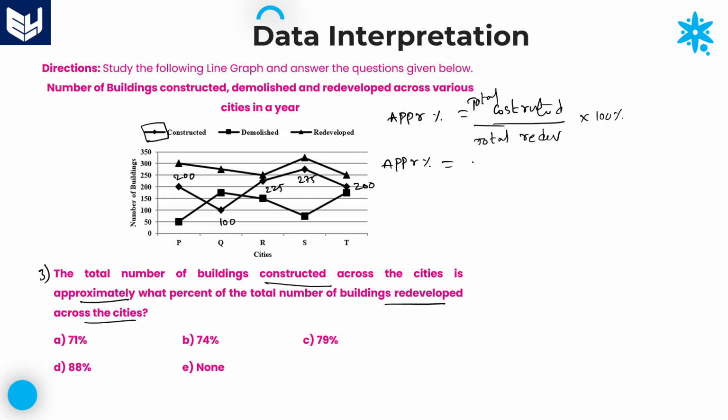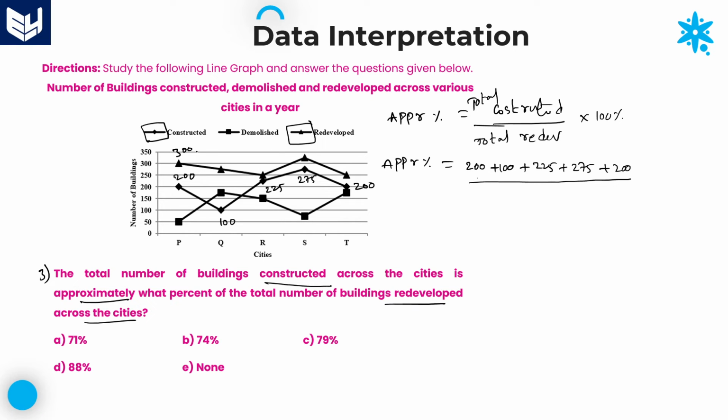Now add all the values: 200, 100, 225, 275, and 200. This value is approximately what percentage of the total number of redeveloped buildings? The redeveloped buildings are indicated with a triangle shape. Write down the values.